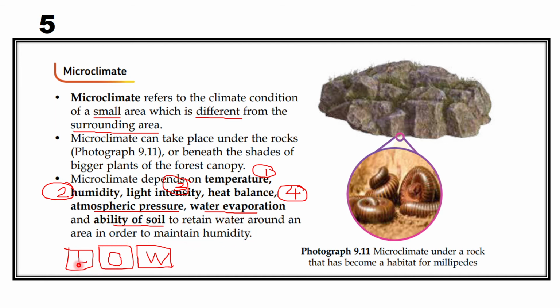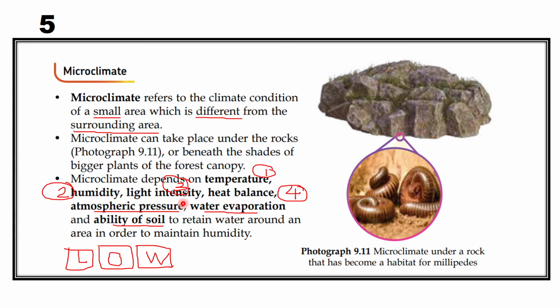So I put here LOW here means first light. So dia berkaitan dengan temperature, light intensity, heat balance. O ini referring to oxygen, atmospheric pressure semua tu. Okay, manakala W here refers to water. So that means very essential water.